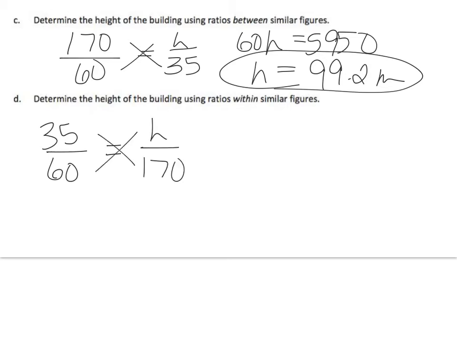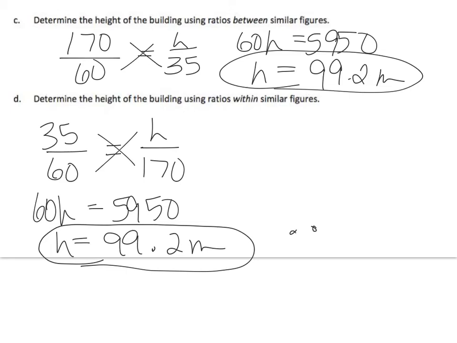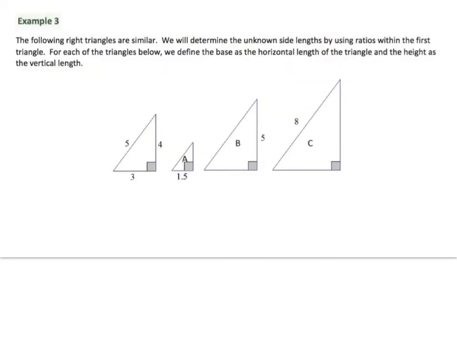Now again, I can cross multiply, and everything works out the same. 60h equals 5,950. Divide both sides by 60, and I still get 99.2. 3 different ways, all the same answer. Life is grand. Okay, example 3.